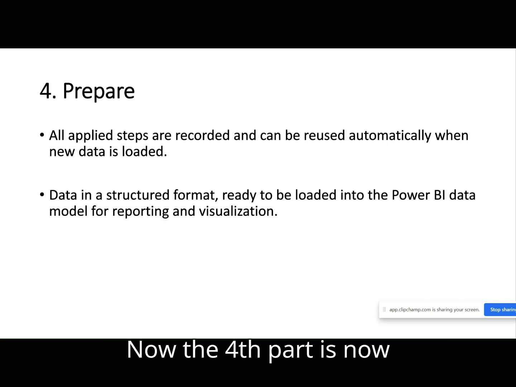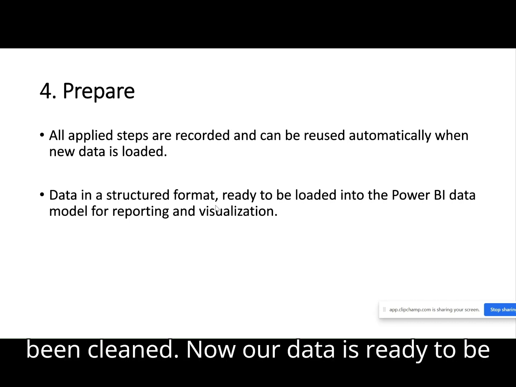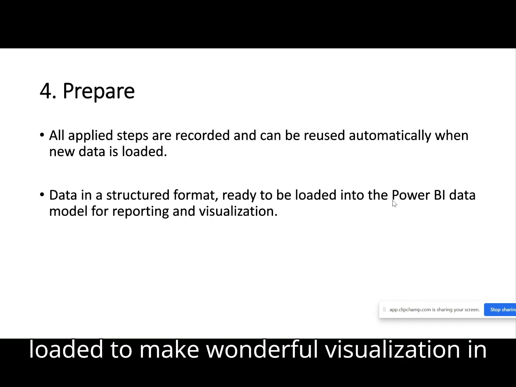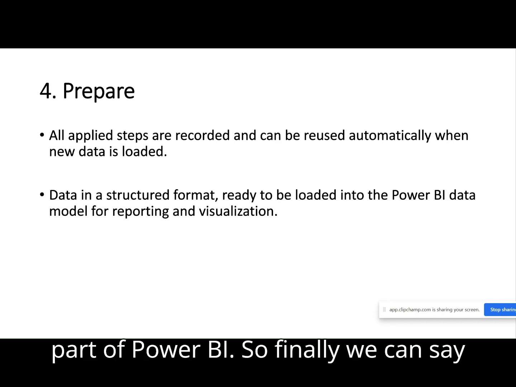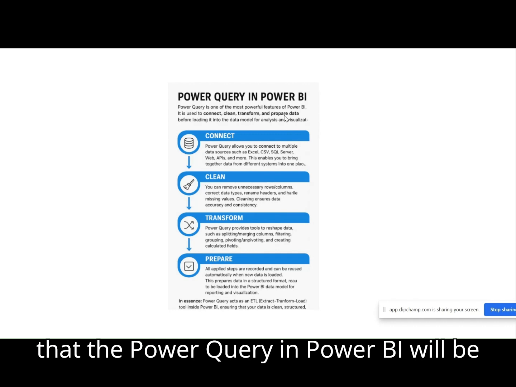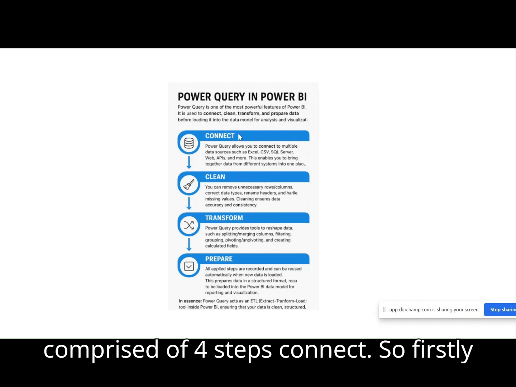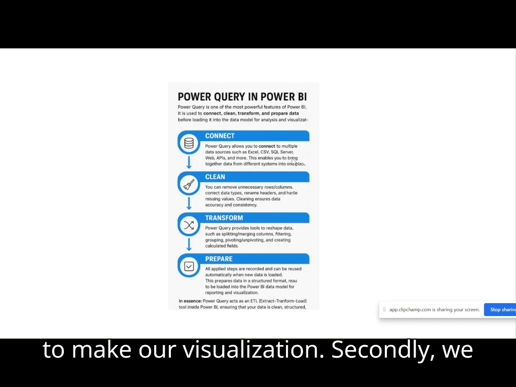Now the fourth part: our data has already been cleaned and formatted, and it is ready to be loaded to make wonderful visualizations in Power BI. That is the theoretical part. Finally, Power Query in Power BI comprises four steps. Connect: we connect the data on which we want to make our visualization.